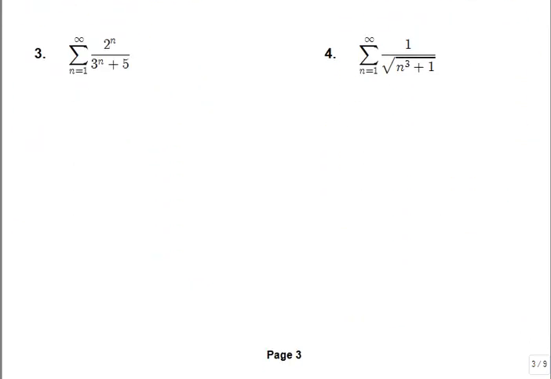Okay, let's take a look at the sum from 1 to infinity of 2 to the n over 3 to the n plus 5. So using our comparison test again, what does this look like we could compare it to? Again, ignoring that plus 5 in the denominator, this looks pretty similar to 2 to the n over 3 to the n.